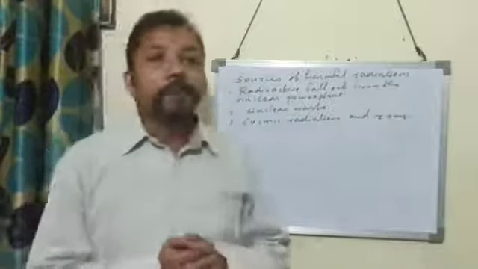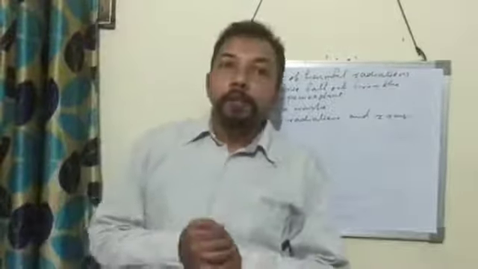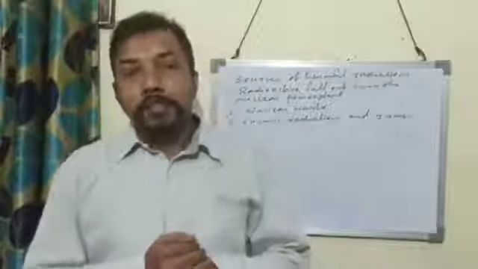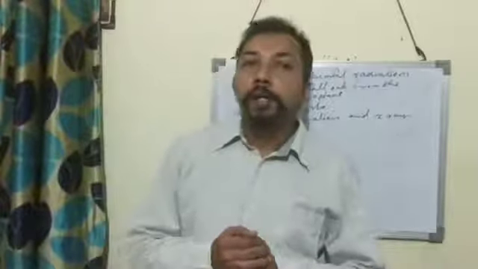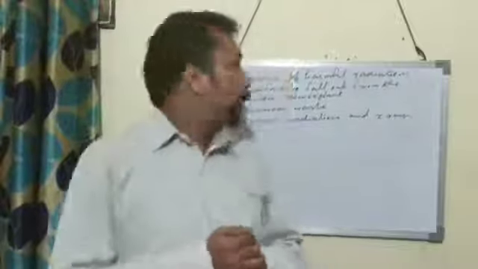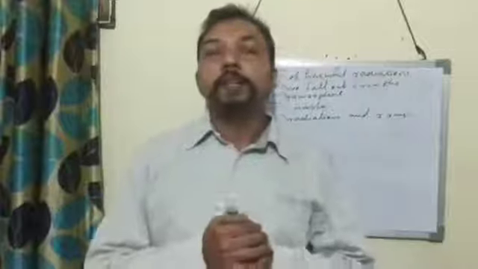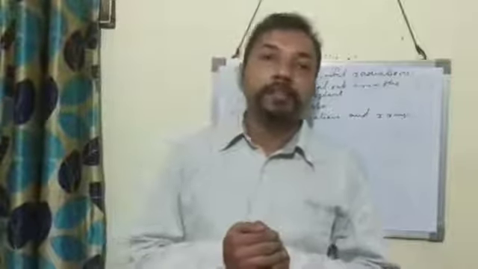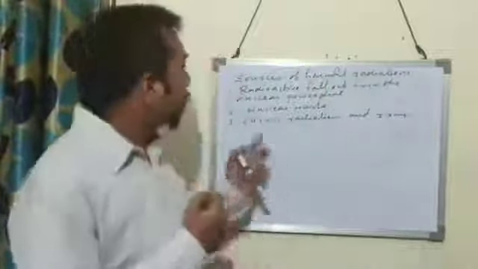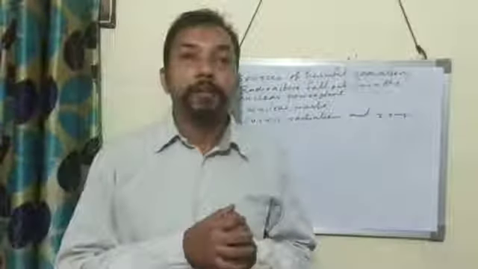Then nuclear waste, after this nuclear fission reaction. So in a nuclear power plant, this energy is released by nuclear fission reaction. So after that one, many waste are left. That is also harmful.